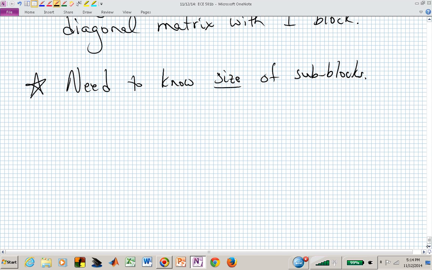What do we know about the product of two block diagonal matrices?